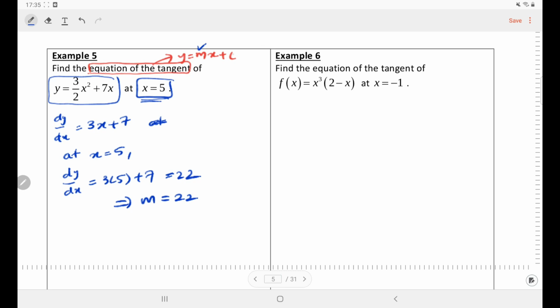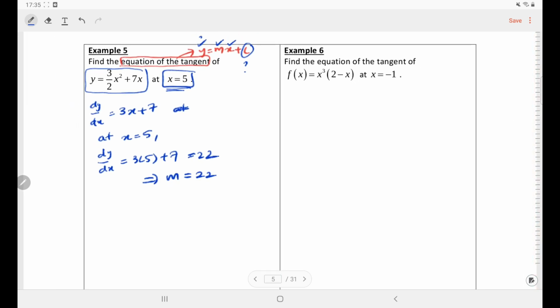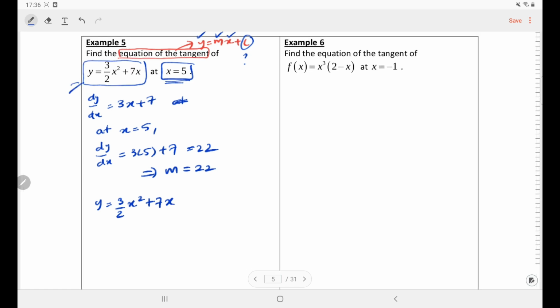But in order for us to find C, we need to find the value of y. Sebab x is given, x dah ada. Y ni masih menjadi tanda soal. So how can we find y from the original equation? So this one original equation. Kita mencari titik yang berada di atas curve. Jadi kita kena guna curve. Ni curve kita.